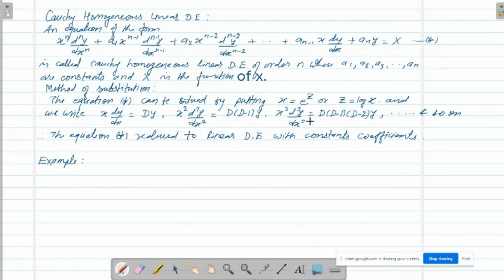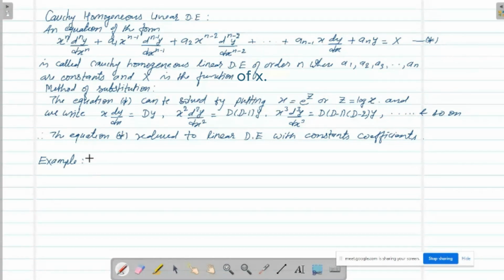Then equation star is reduced to a linear differential equation with constant coefficients. You know very well how to solve the linear differential equation with constant coefficients by using the different types of methods we have seen. Okay, so we will solve this equation by using either variation of parameter or the other methods. Okay, so let us see an example based on this.